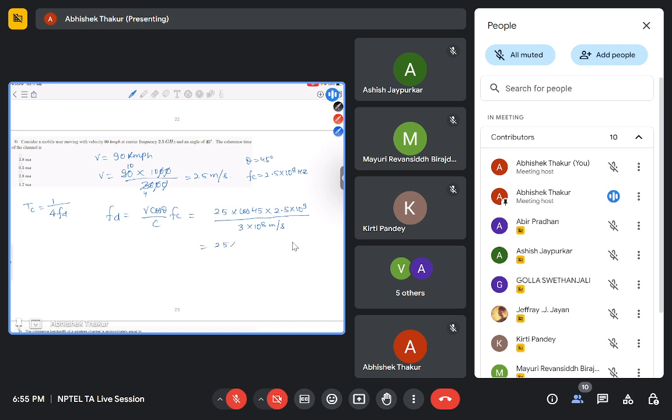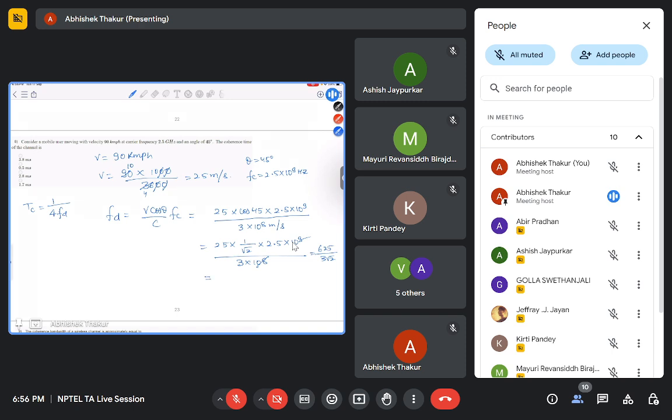So this is equal to 25, cos 45 degree will be 1 by root 2, 25 into 25 is 625, because there will be one 10 also. So 625 by 3 root 2.